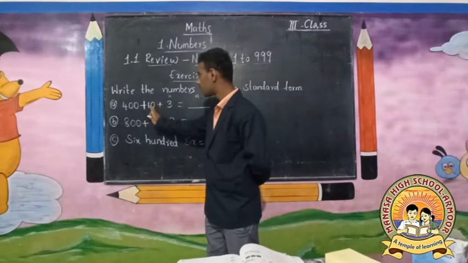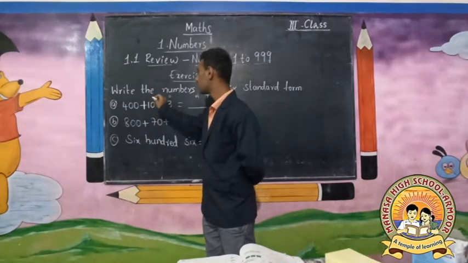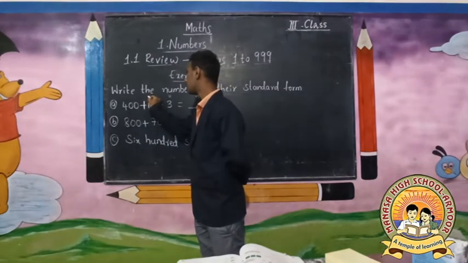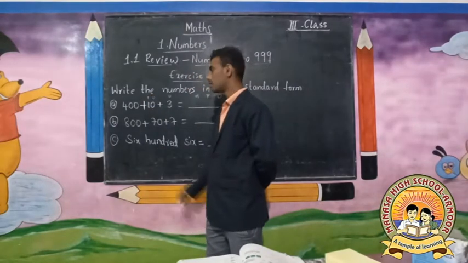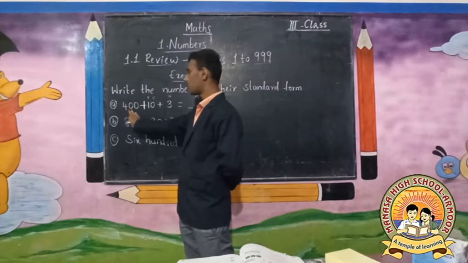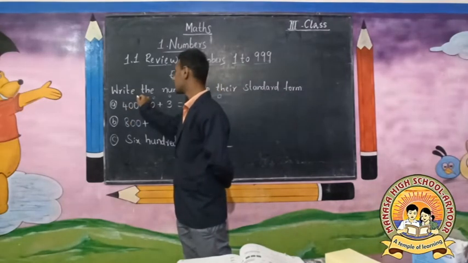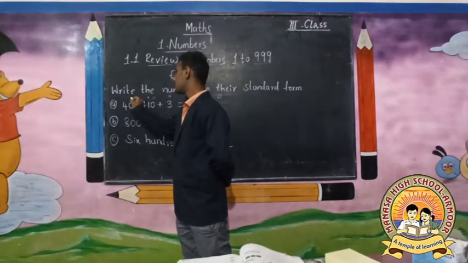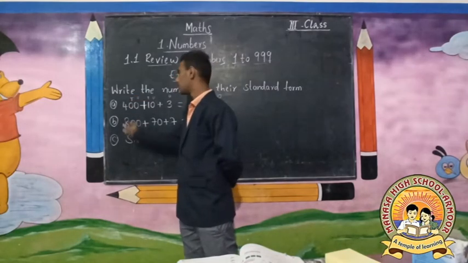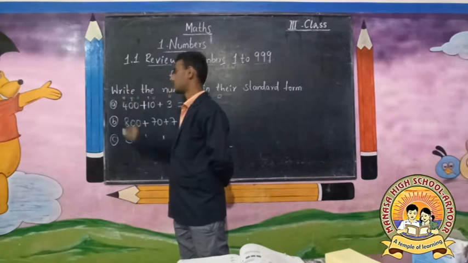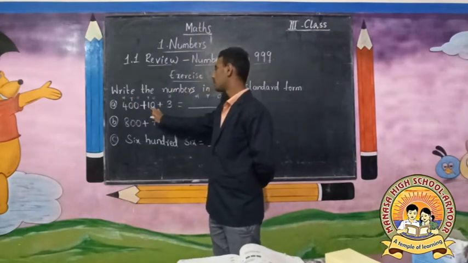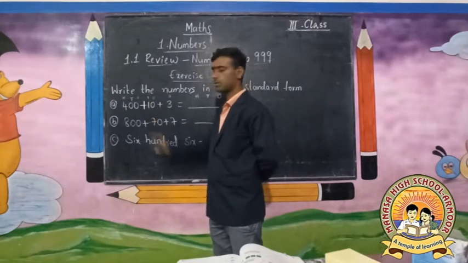So here, 3 is in ones place. Let us go to the next number. This is 10. So 0 is in ones place, 1 in tens place. Let us go to the next number, 400. 0 is in ones place, another 0 is in tens place, 4 is in hundreds place. So here 400, 10 and 3, these are added together.